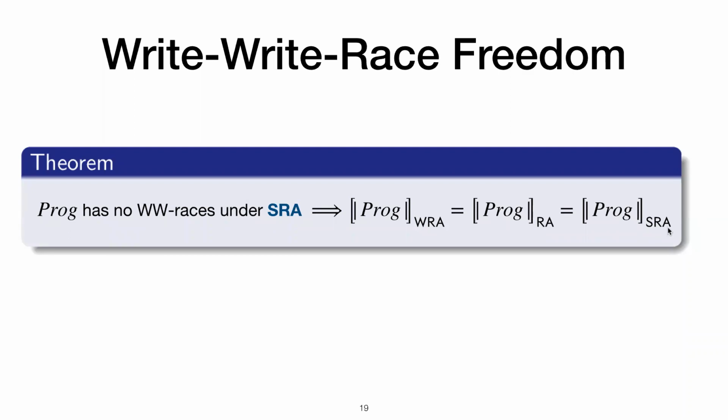So these distinctions are only important for programs that use concurrent writes. And one nice thing here is that you can check for data race, for WW races, write-write races, under the strong model. You don't need to understand the weak model in order to check for the existence of these races. And many programs don't have write-write races. And this distinction is not important at all.